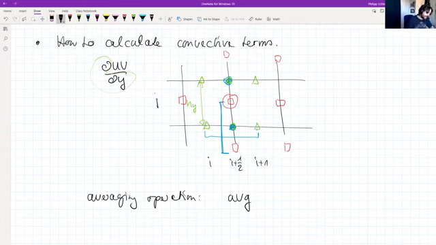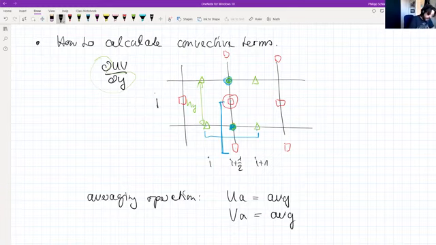Now, this can be used to define what I would call an averaged mesh, so UA and VA. This is based on an averaging operation, AVG, applied to the velocity field.